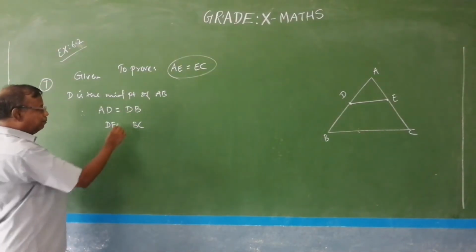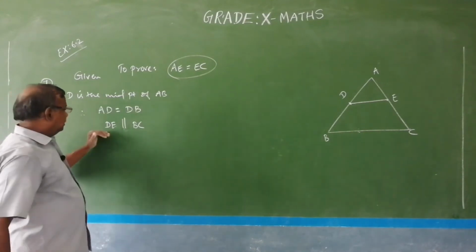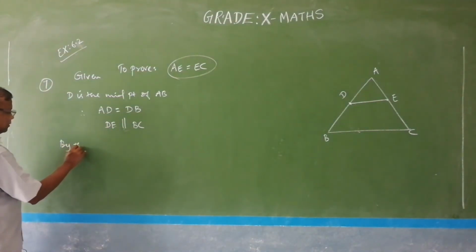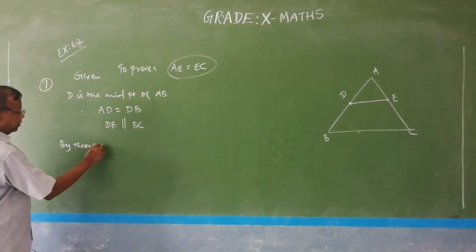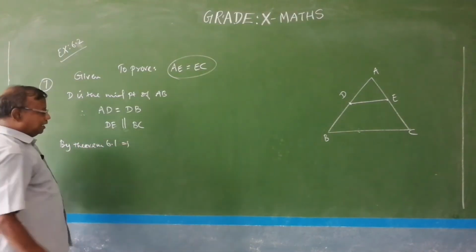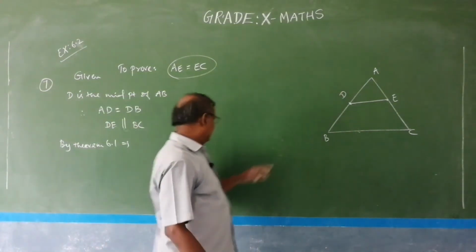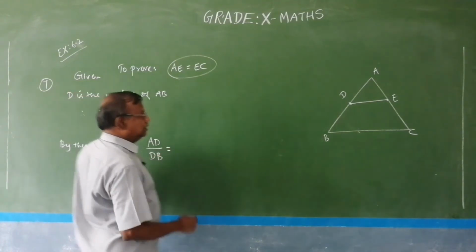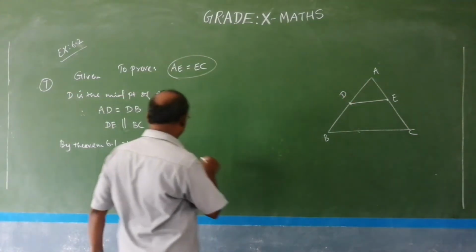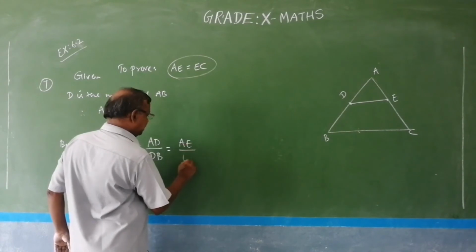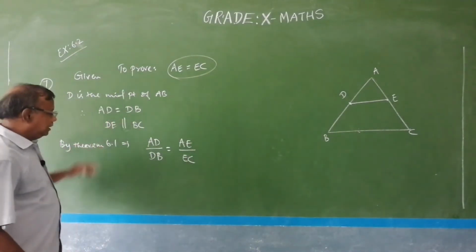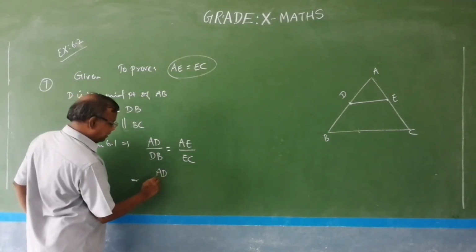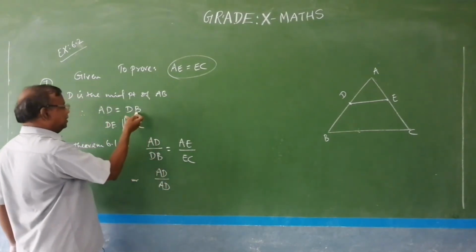Now, I am sorry, DE is parallel to BC, not equal. So, DE parallel to BC means by BPT, by theorem 6.1, we have AD by DB equals AE by EC. But AD equals DB.